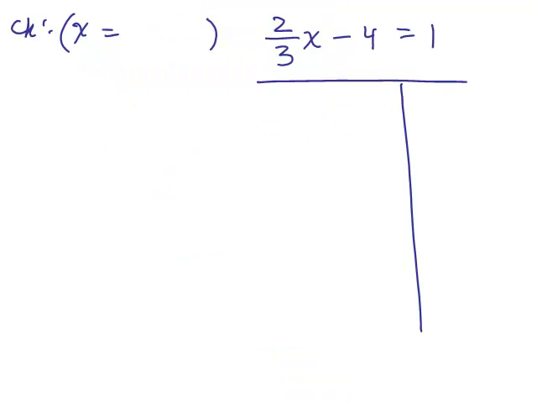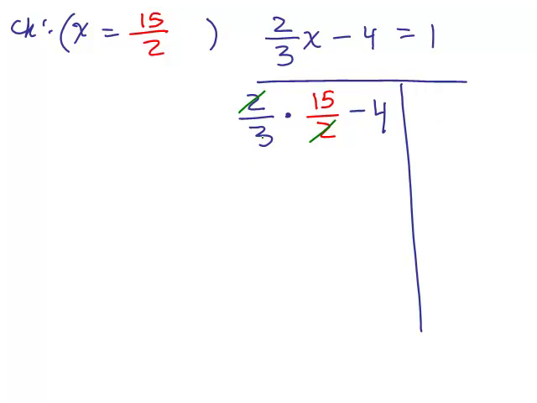We're going to check to see that 15 halves indeed checks. So we're going to replace x with 15 halves. So we have 2/3 times 15 halves minus 4. You could write this as 30 over 6 and then get 5, or you could cancel. I'm going to do it that way.